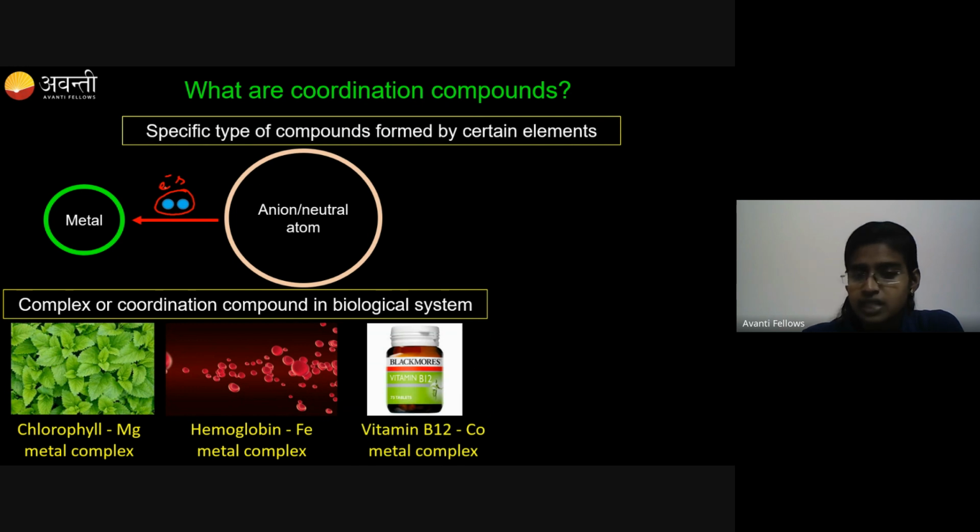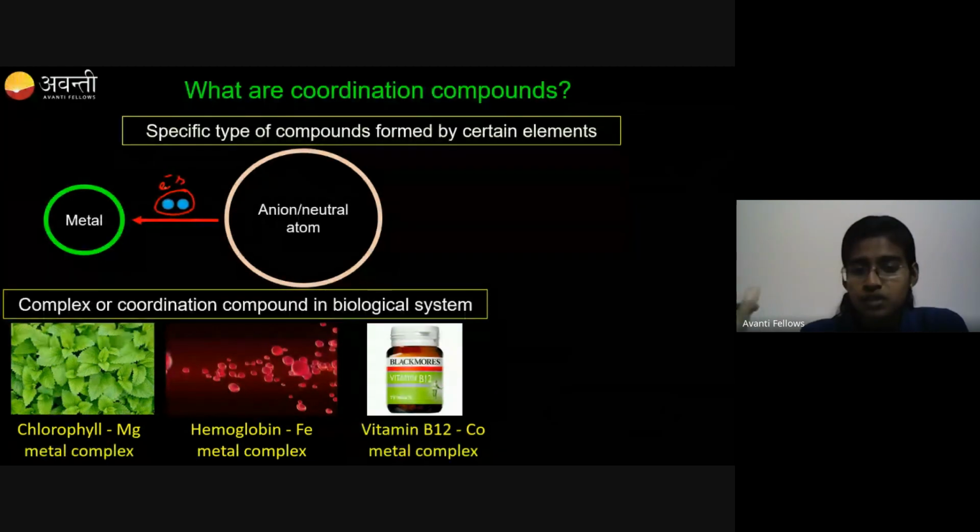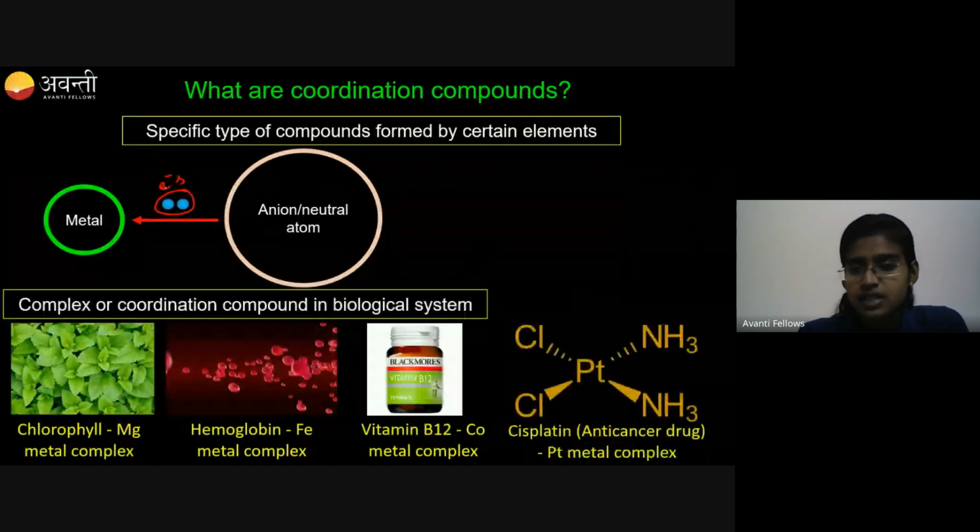So the magnesium is an S block metal and iron and cobalt basically are D block metals. In most of the coordination compounds, you can find the D block elements, but most of the metal atoms will be iron and cobalt. So these are also the coordination compounds in biological systems.